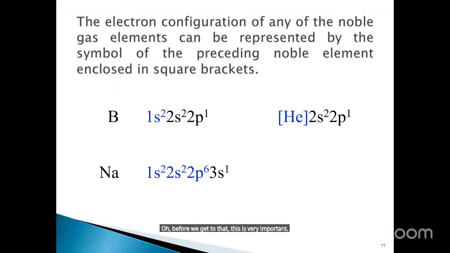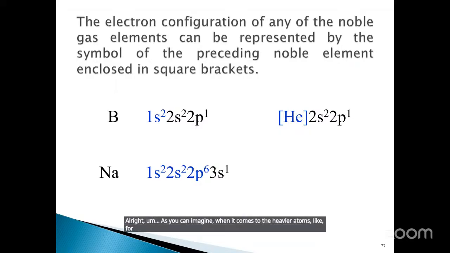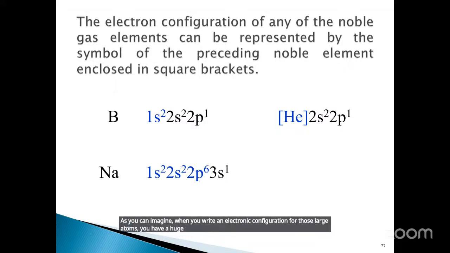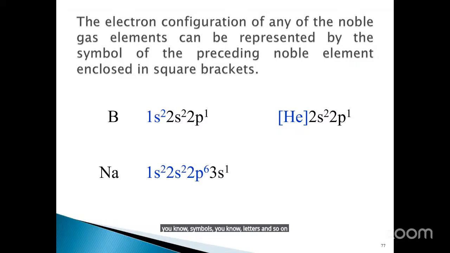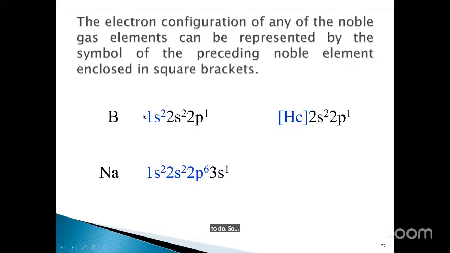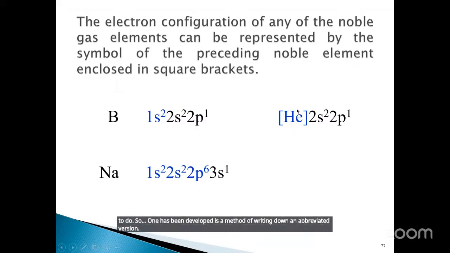As you can imagine, when it comes to the heavier atoms, like for example, tin, which has 50 electrons, or bismuth, which has 83 electrons, when you're writing down the electronic configuration for those larger atoms, you have a huge or a long line of symbols, letters and so on, which in some cases is not necessary for what you're trying to do. So what has been developed is a method of writing down an abbreviated version of your electronic configuration.